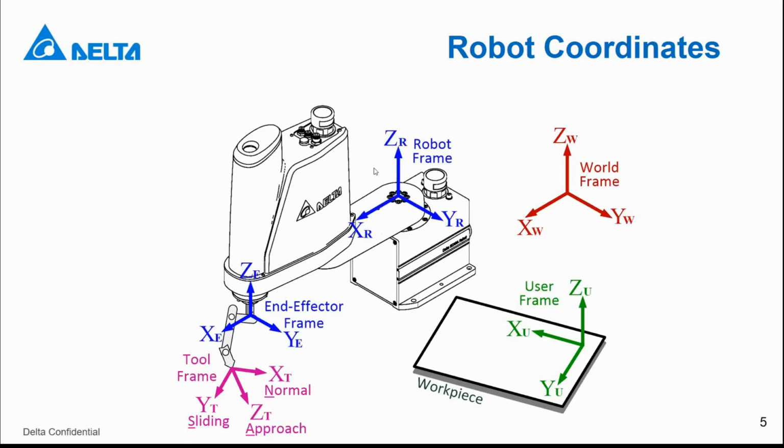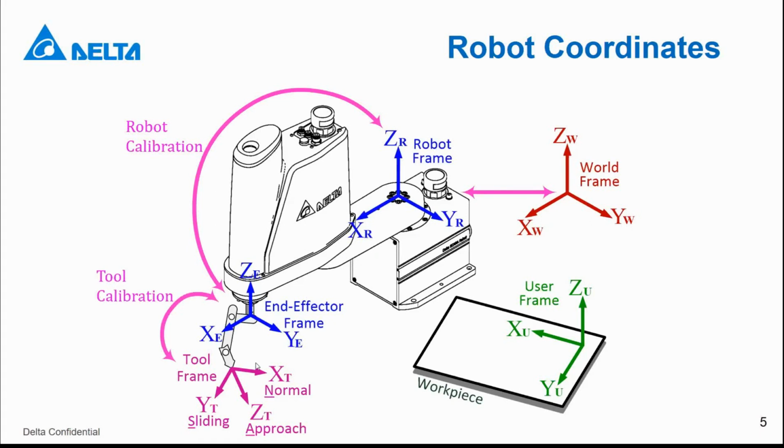So this is a robot frame. And we also have an end effector frame here that defines the end effector of the robot. But in the factory, we already did a calibration between these two frames, so the robot itself knows the relation between these two coordinates.